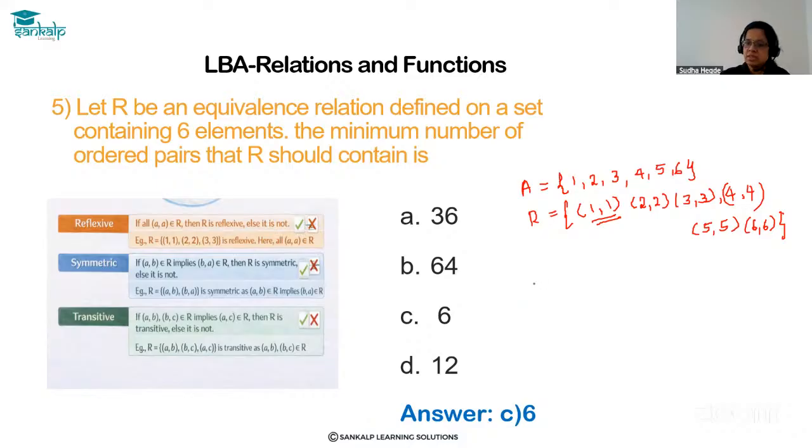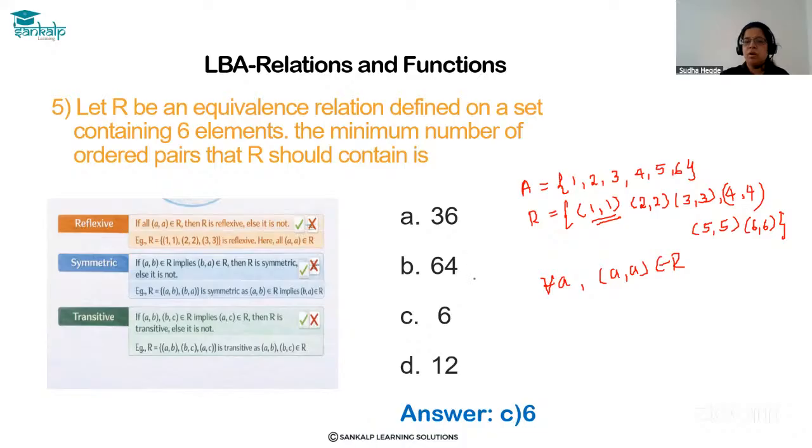How will be those 6 elements? It is (1, 1), (2, 2), (3, 3), (4, 4), (5, 5), (6, 6). Like for all a, (a, a) should be in R. So if you show all the elements required for reflexive, then that many elements are enough to be an equivalence relation.